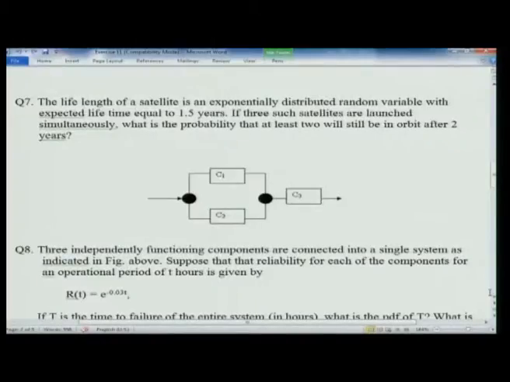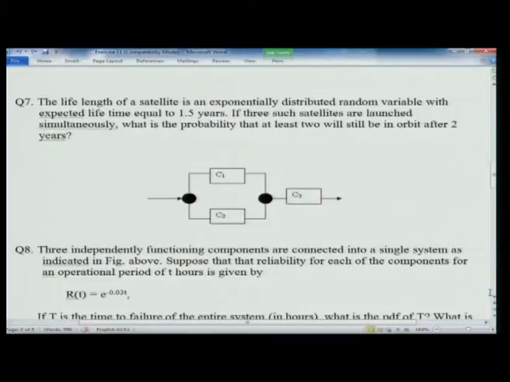Now, this figure refers to problem 8, I think. 3 independently functioning components are connected into a single system as indicated in the figure above. So, 2 are in parallel and then 1 is in series. Suppose that the reliability for each of the components for an operational period of t hours is given by e raised to minus 0.03 t.